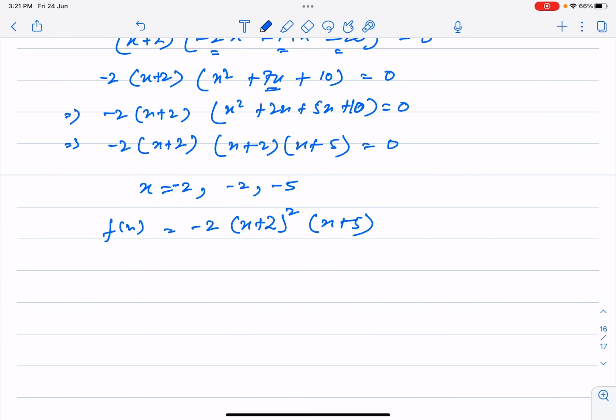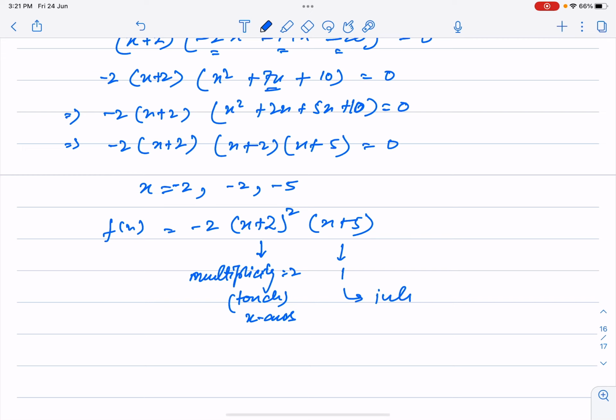We have to take many things into consideration. First, the roots, then multiplicity. In this case, the multiplicity is 2, and in this case it is 1. So here it will touch the x-axis, and in this case it will intersect the x-axis.